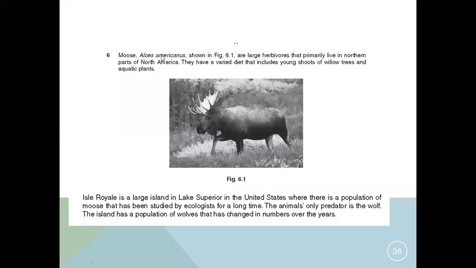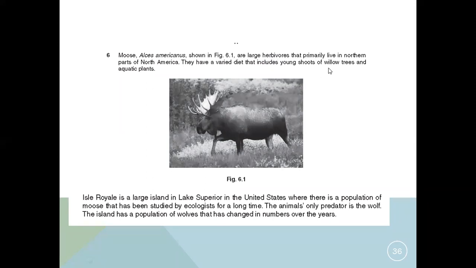Now come toward this point. It is a herbivore. It means if the moose is a herbivore, it is a primary consumer. Why? Because herbivores are those animals that feed on grass, that eat plants. Now, which plants?